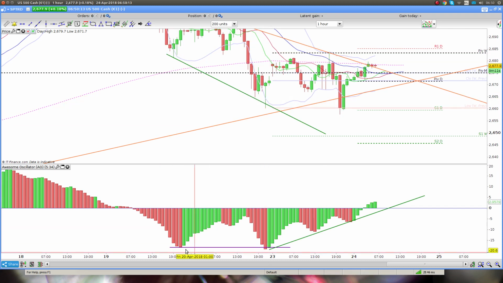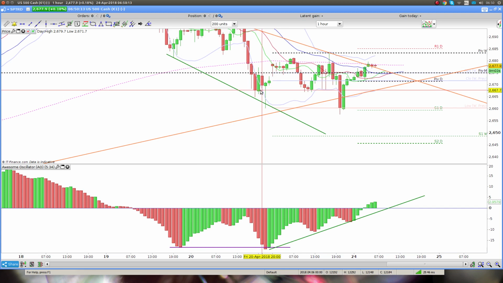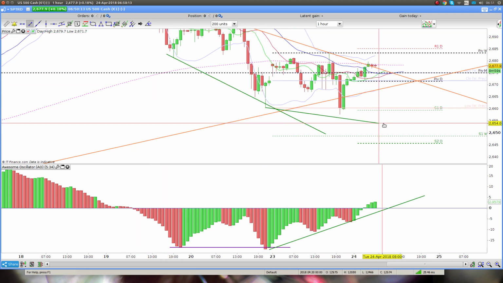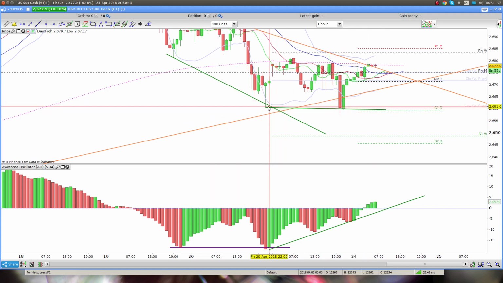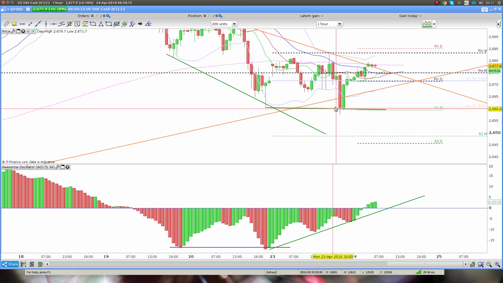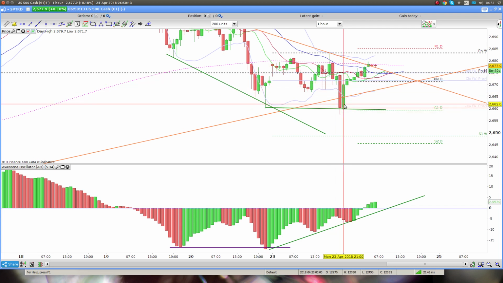If I look at what happened with the Awesome Oscillator, I got a double bottom. So there was my first indication that something's about to change. Okay. Then, if you look there, it kind of went down, but to me that's more of a double bottom. So double bottom and a lovely engulfing or inside bar that formed.